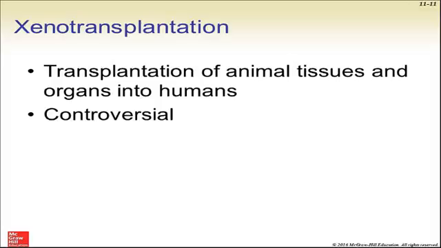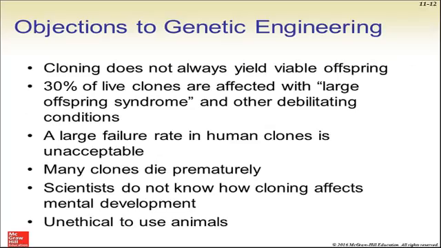So some of the objections to genetic engineering, let's go through these. This is just for your knowledge. It's not necessarily something that's going to be asked on the quiz. I just thought it was interesting and wanted to include it for you. Cloning does not always yield a viable offspring. So these are all the objections to genetic engineering. 30% of live clones are affected with large offspring syndrome and other debilitating conditions.